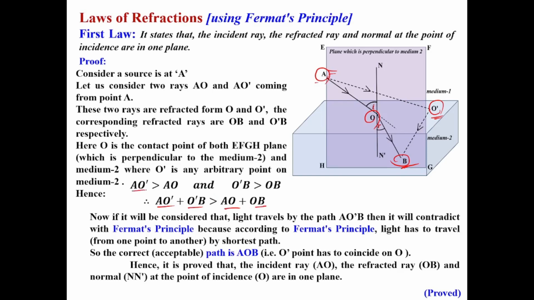So if AO dash is greater than AO and O dash B is greater than OB, obviously AO dash plus O dash B is greater than AO plus OB.